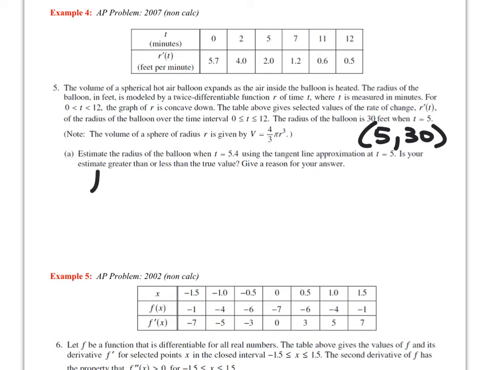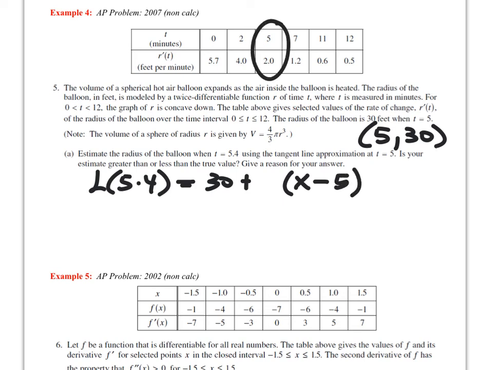So we're going to use linearization at 5.4. We know r of 5 is 30, and we actually do know the slope as well. At 5, our rate, or our feet per minute, for that change in radius is 2. So if I want 5.4 estimated, I'm going to plug in a 5.4 here and here.